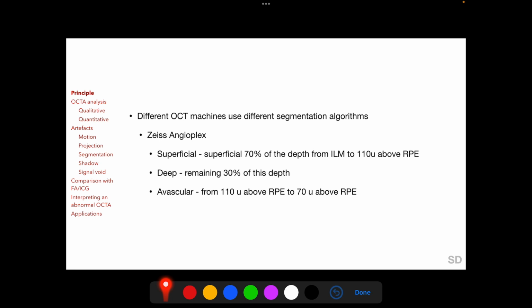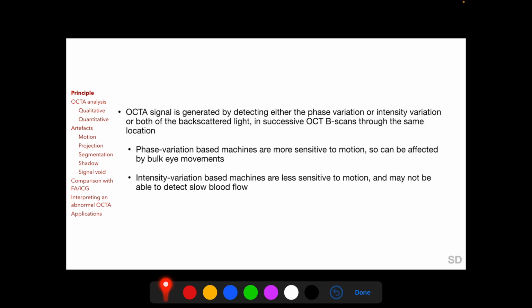Different OCT machines use different segmentation algorithms, and so the results of segmentation by one particular machine may not be directly comparable to the results of segmentation by another machine. And the property of the reflected OCT signal, whose change is recorded as an OCTA signal, can be either change in the phase of that signal or intensity of the signal, or both.